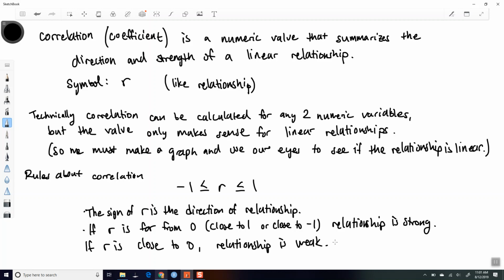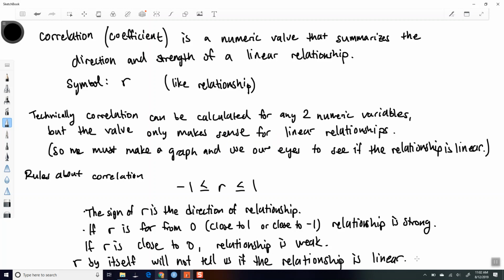And again, R by itself will not tell us if the relationship is linear. Okay, I guess with the exception of R being exactly equal to 1 or exactly equal to -1, but I think that's beside the point.